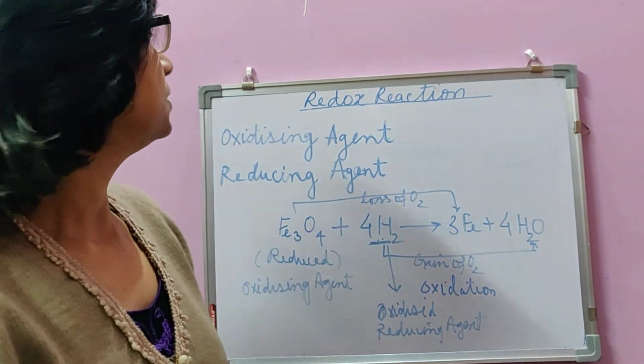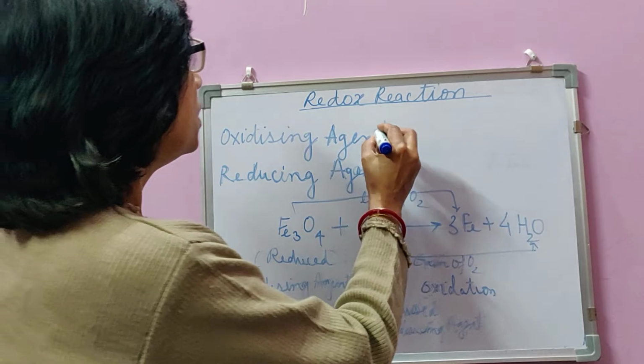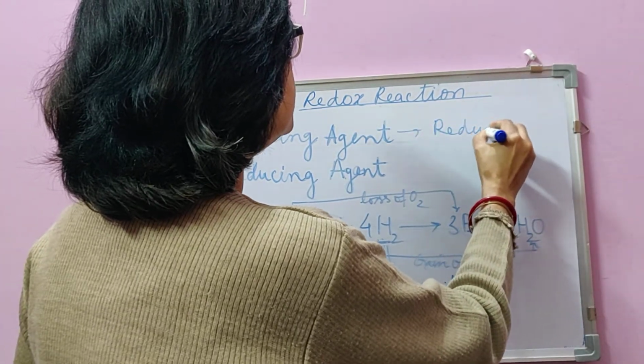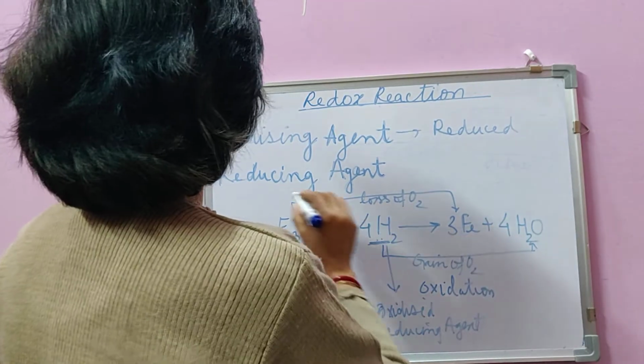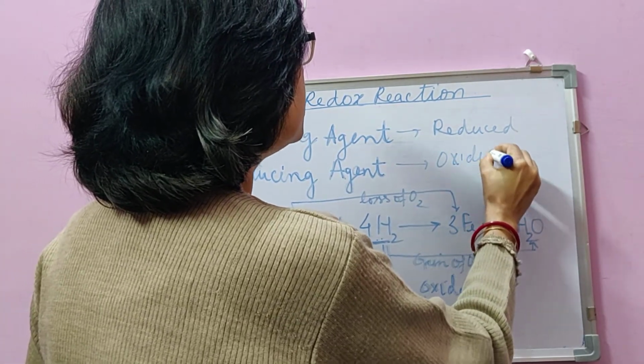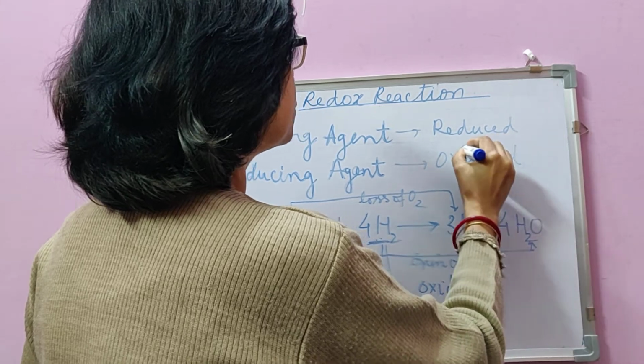The summary is that an oxidizing agent itself is reduced during a chemical reaction and a reducing agent itself is oxidized during a chemical reaction.